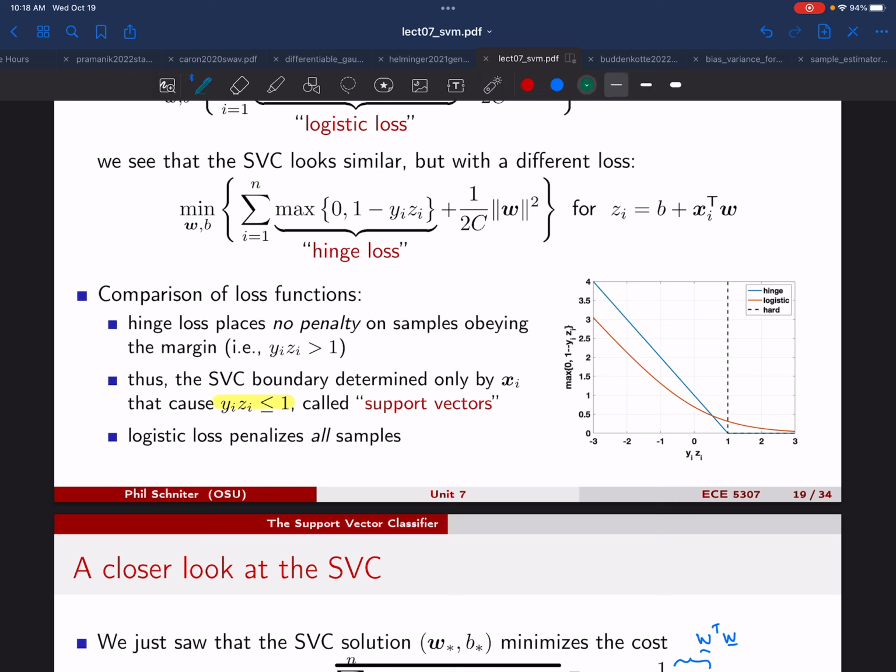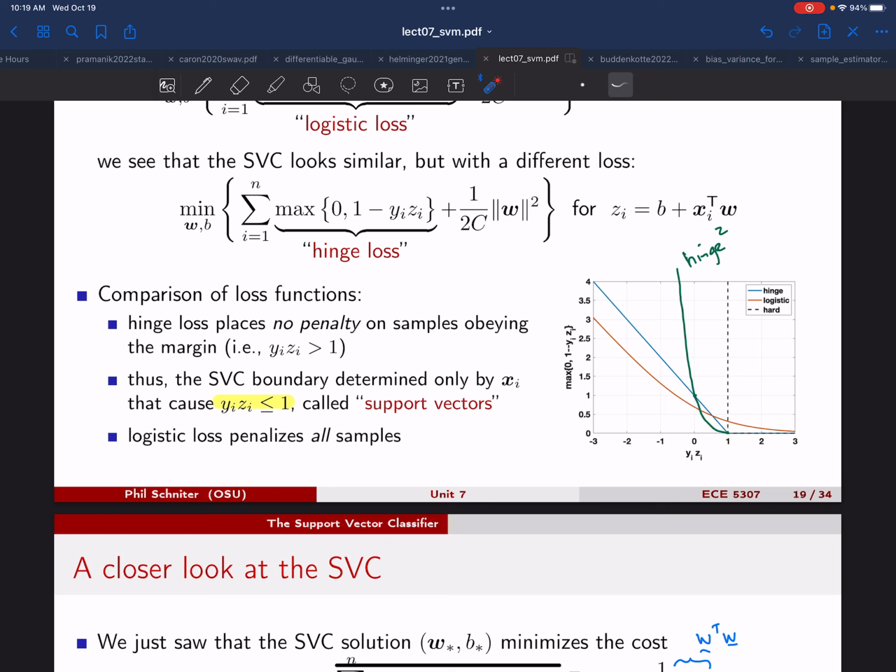So let me try to draw that. The squared hinge basically looks like a parabola, something like this. So this is the squared hinge. And they do agree on this side, they're exactly 0. But what's nice about the squared hinge is that it is differentiable everywhere, unlike the ordinary hinge.